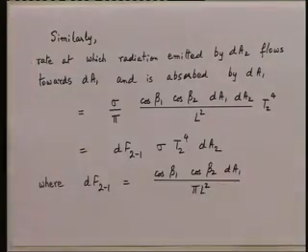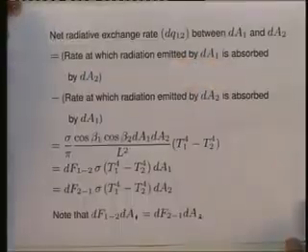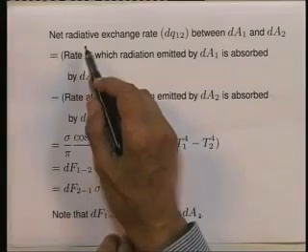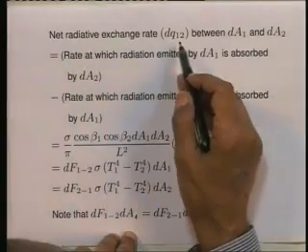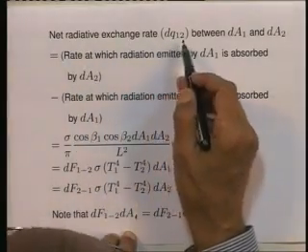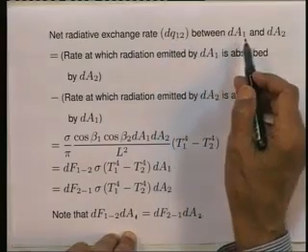Okay. So, you got two expressions: rate at which radiation emitted by dA1 flows towards dA2 and is absorbed by dA2, and a second expression, rate at which radiation emitted by dA2 flows towards dA1 and is absorbed by dA1. Therefore, the net radiative exchange rate, which we will call dQ 1 to 2, between dA1 and dA2.